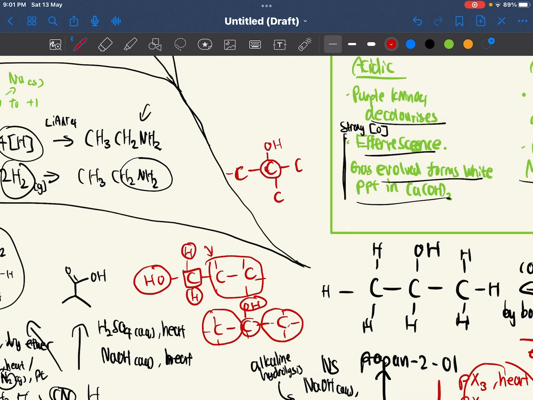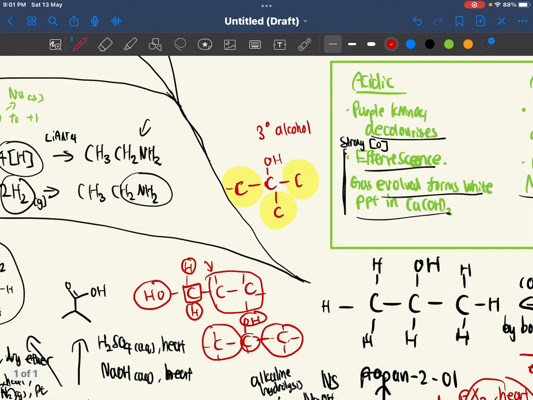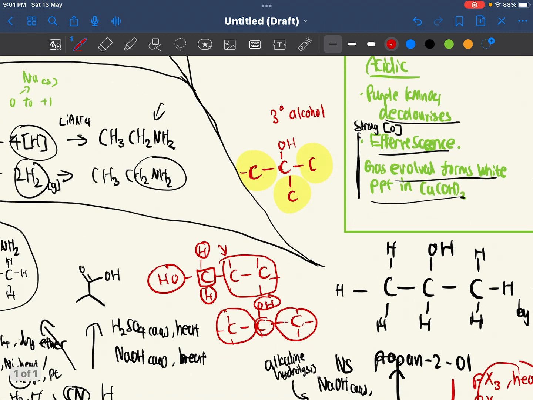I'm bonded to carbon number 2, but now I'm bonded to 3 alkyl groups: alkyl group 1, alkyl group 2, alkyl group 3. Because there are 3 alkyl groups bonded, I call this a tertiary alcohol. Whenever they ask you in elucidation and reaction questions, it's very important that you classify it, and maybe if they ask you about the naming, so it's secondary alcohol, primary alcohol. Okay.